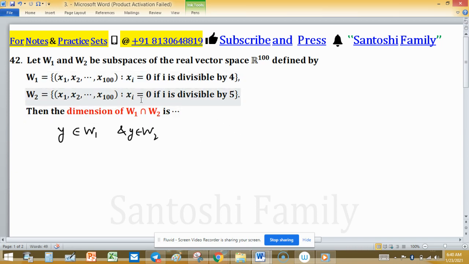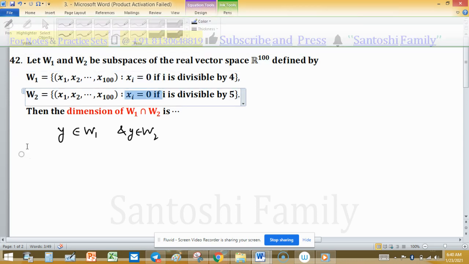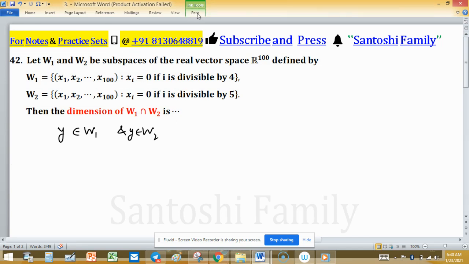And this is based on x_i, and the x_i are zeros. So we have to find at how many places we are restricted or bound. To find the dimension, suppose W1 may be (x1, x2, x3).